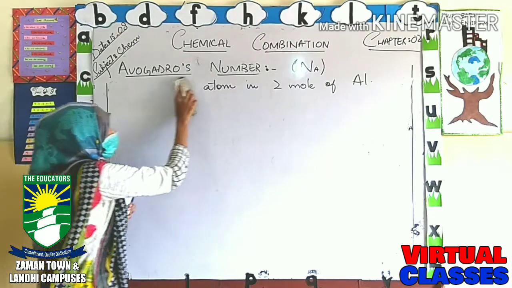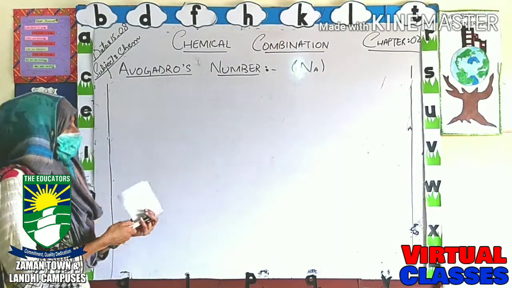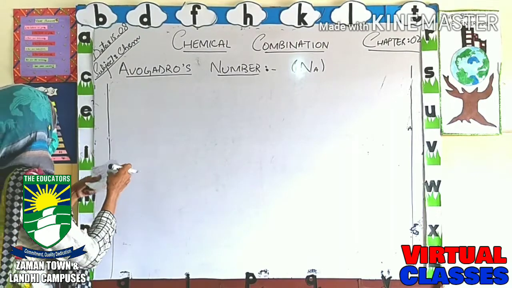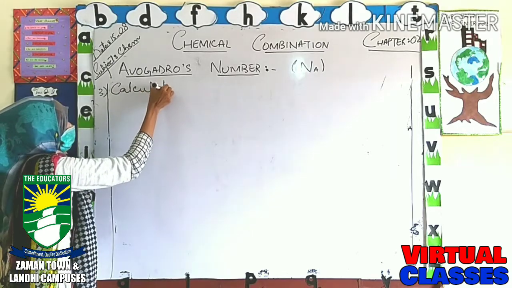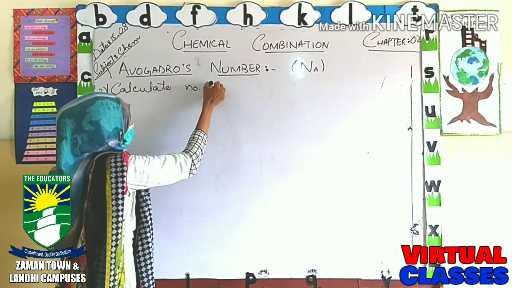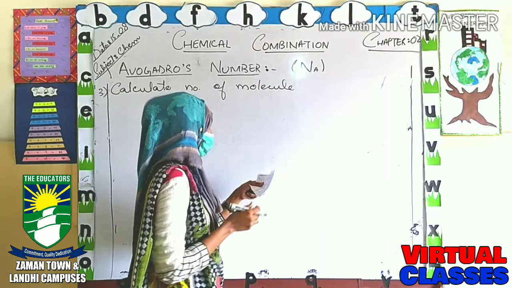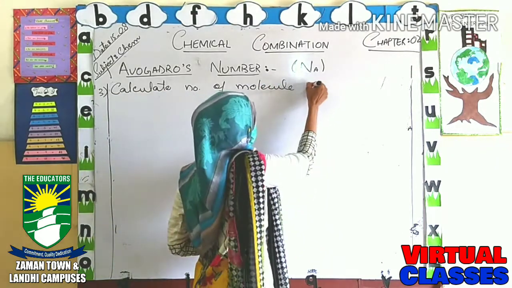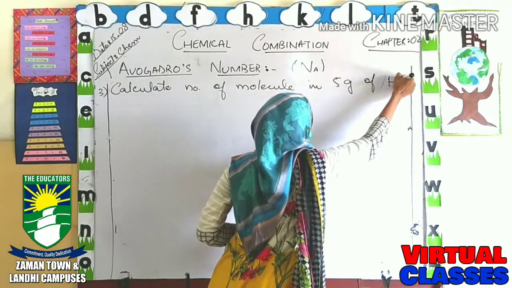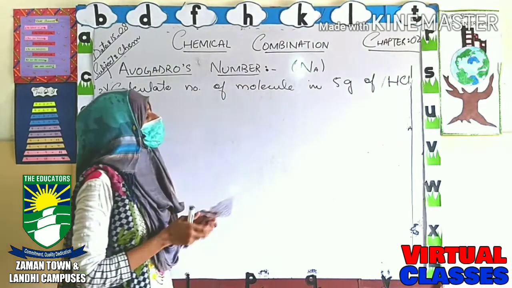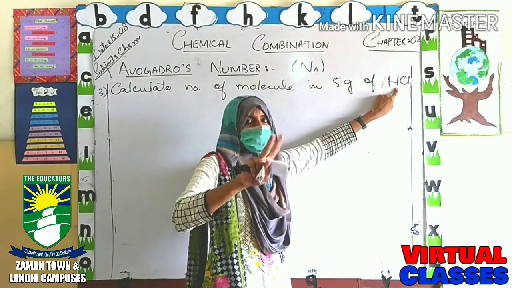Now the third numerical, that is you have to calculate the number of molecules in 5 gram of HCl. As you can see, here they are talking about the molecule, 2 atoms.